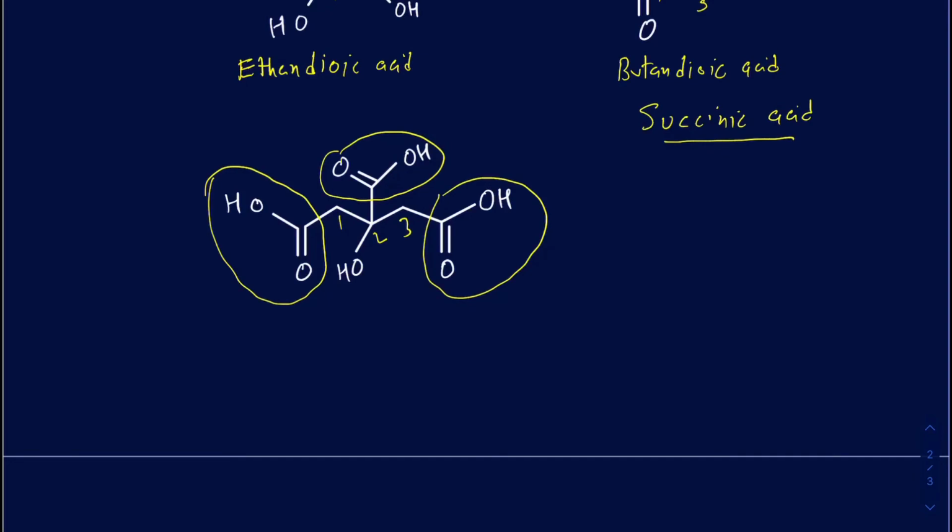And we do have a hydroxy group or an alcohol group on the second carbon. So we're going to be calling that hydroxy. So this particular molecule is going to be called 2-hydroxy propane, and then 1, 2, 3 tricarboxylic acid.